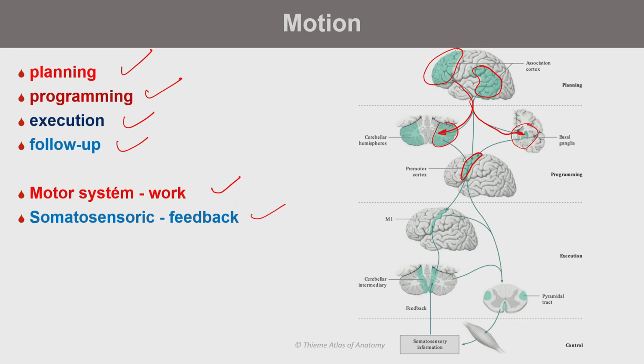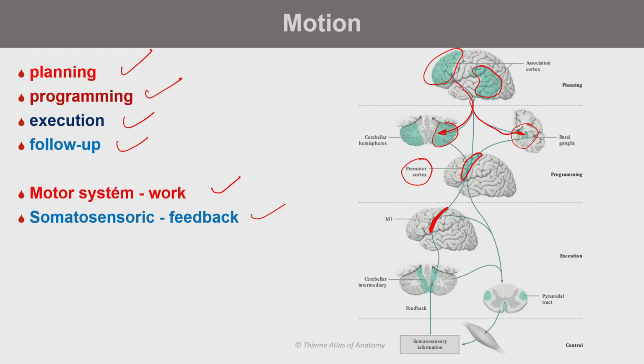Then also the premotor cortex is something which is really fine-tuning the programming of the execution, and the execution itself is then guided by the activity of the motor neurons which are localized in the precentral gyrus.